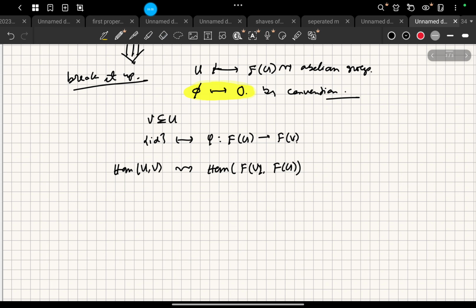So whenever I have any two open sets U and V such that V is contained in U, there is a group homomorphism from F(U) to F(V).